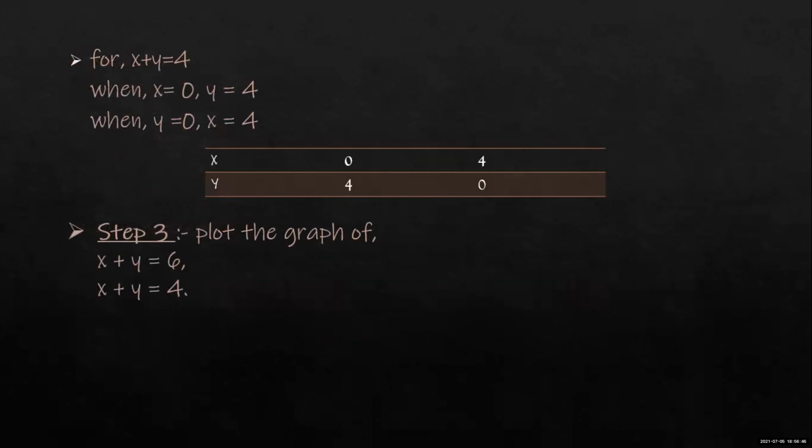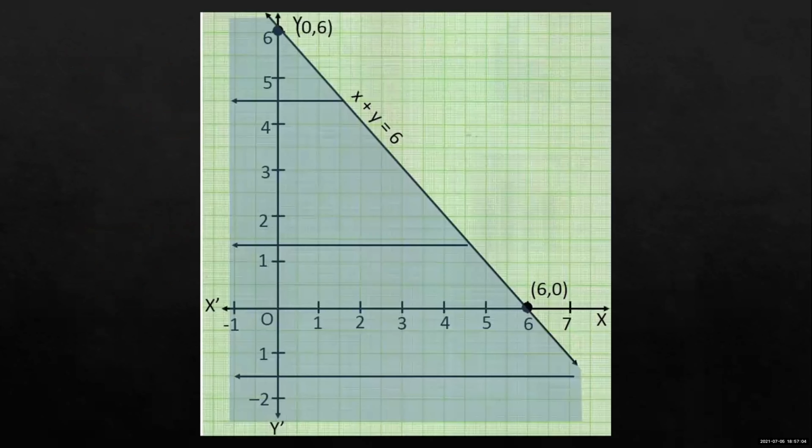For the equation x plus y is equal to 4, when we take x as 0, we get y as 4, and when we take y as 0, we get x as 4. The third step is to plot the graph of both the equations. This is the graph we get from the first equation.